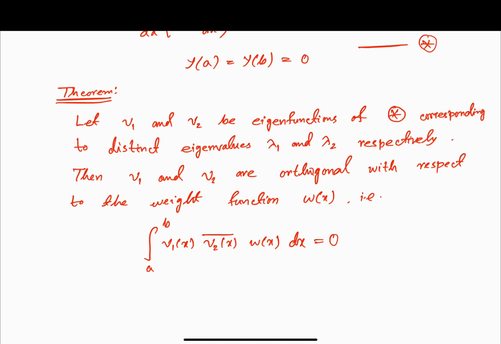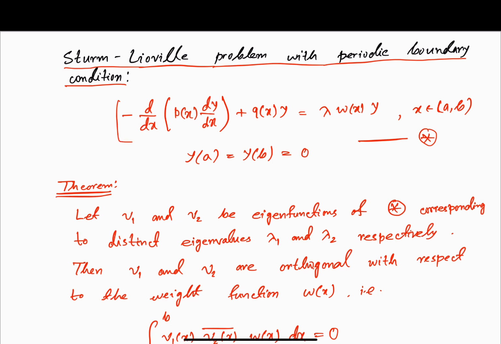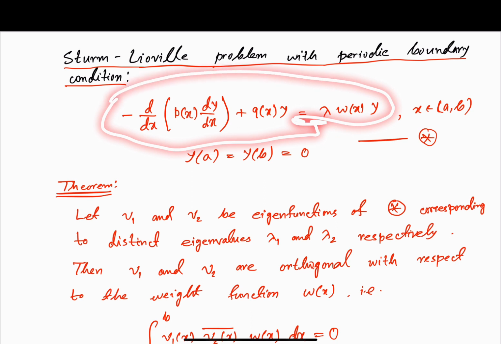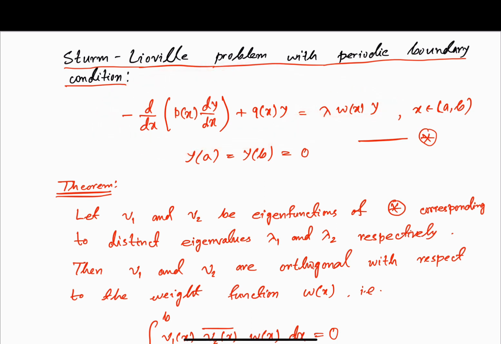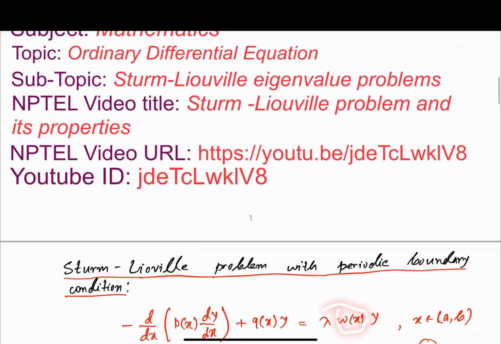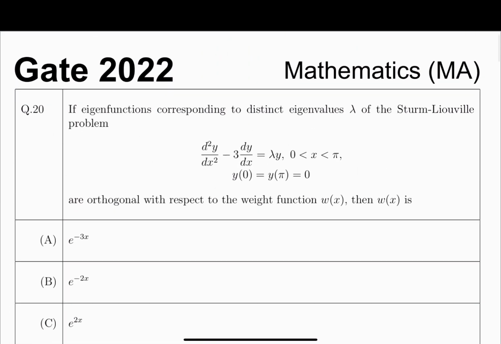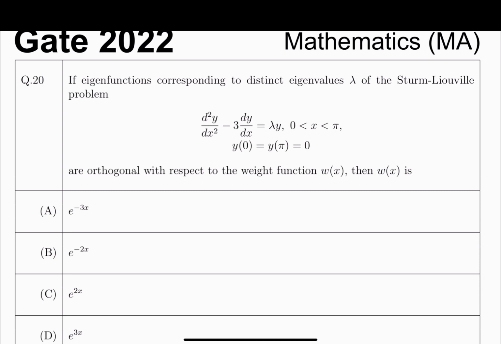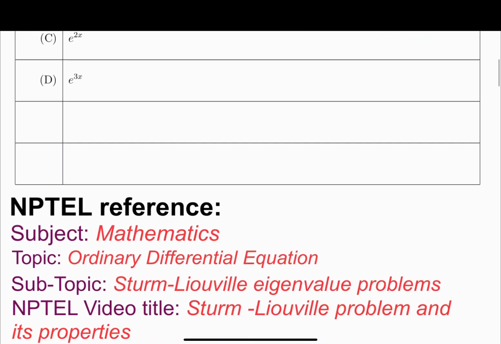So it is basically saying that the eigenfunctions corresponding to two different eigenvalues are orthogonal with respect to the weight w, if the Sturm-Liouville problem is in this form. So in our case we want to write the problem in the form in which the theorem is stated, from where you can deduce the corresponding weight function.